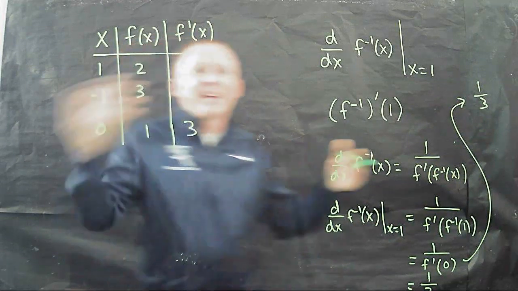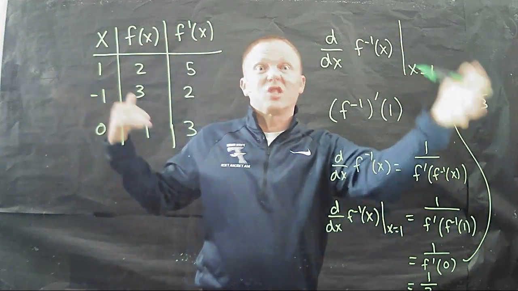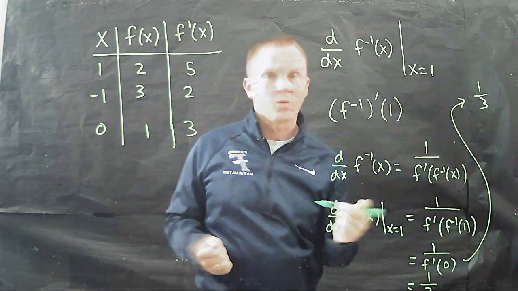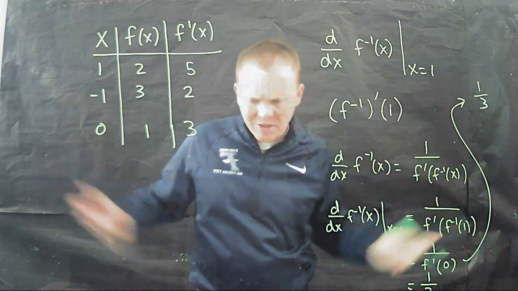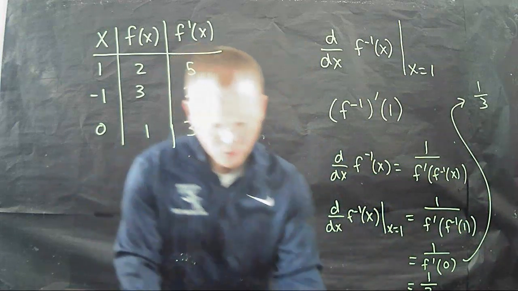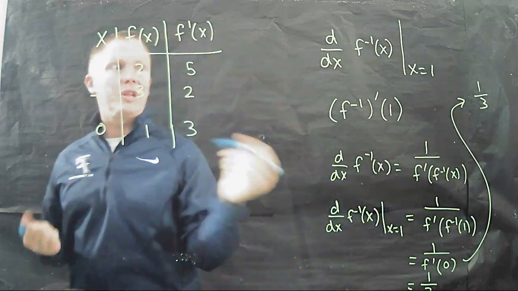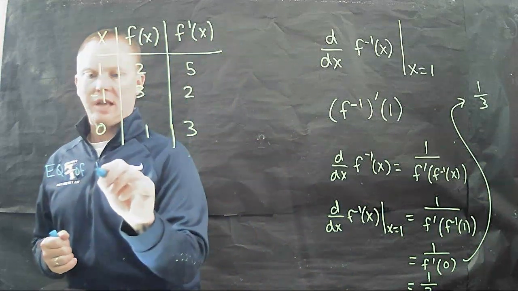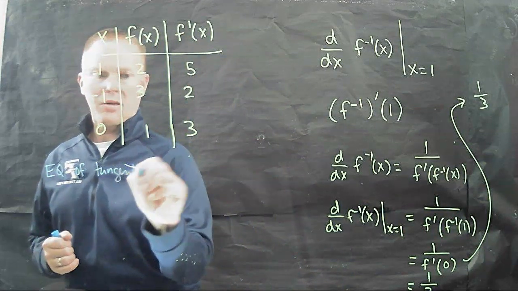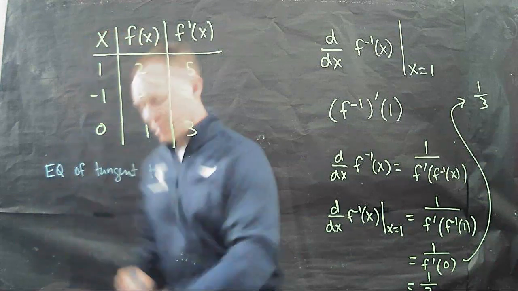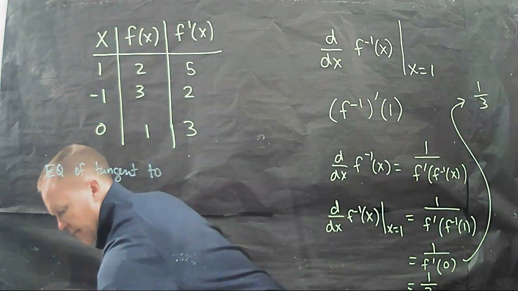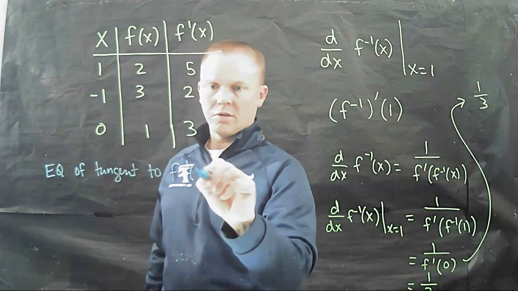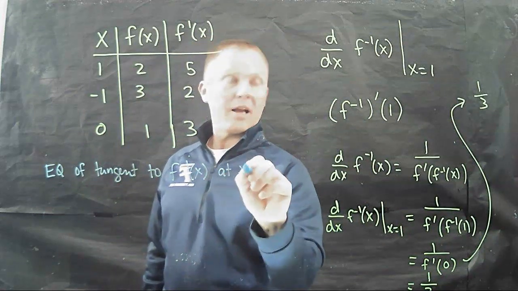Now let's go ahead. We said this is the slope of the tangent line to f inverse at the point x equals 1. Let's just knock out that equation of the tangent line. Ain't no thing. Okay, because in order to write the equation of a tangent line, you need a point and a slope, right? So we're going to do the equation of tangent to f inverse at x equals 1.